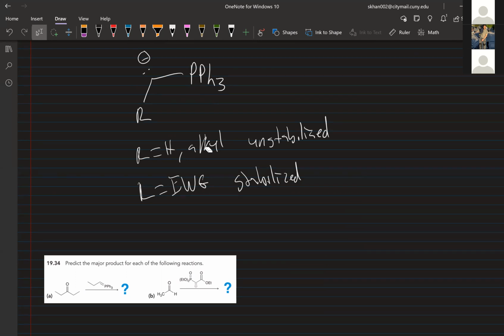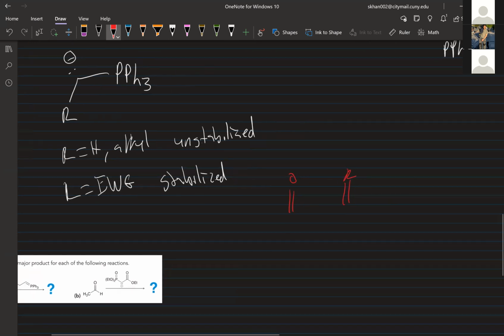And yeah, Chemraj, the carbonyl basically, when you have something like this, it is becoming an alkene. And this R is what's attached to the Wittig.